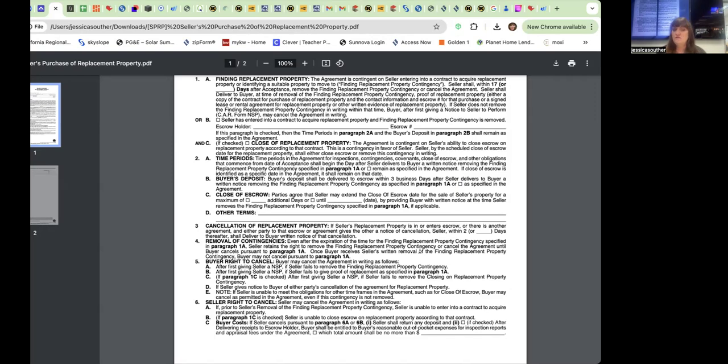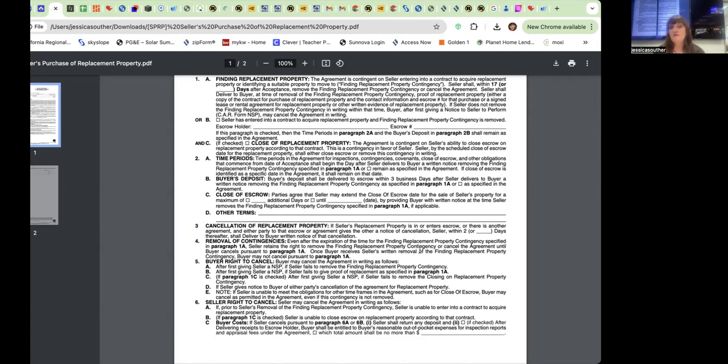This is what happens if they cancel. If seller cancels pursuant to paragraph 6A or B, so the 2 above, seller shall return any deposit, and 2, if checked, after delivering receipts to escrow holder, buyer shall be entitled to buyer's reasonable out-of-pocket expenses for inspection reports and appraisal fees under the agreement. Okay, so that's important. You need to check that if you're the buyer.